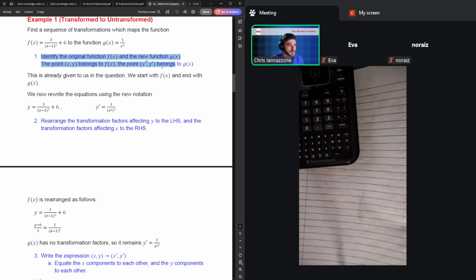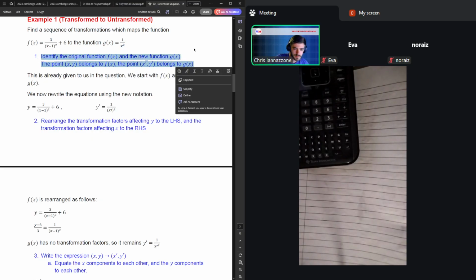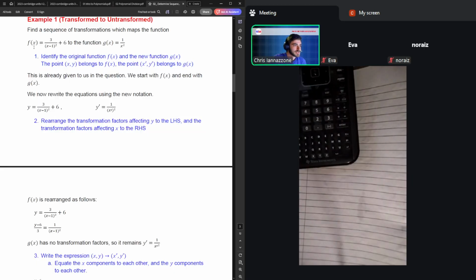So the first step is simply to get our notation the right way around. These are functions named f and g, which is fine, right? As long as you know you're going from f to g, that's cool. My preference for notation has always been whatever function you're starting with, write with x and y. So instead of saying f is equal to all this, say y is equal to all that.